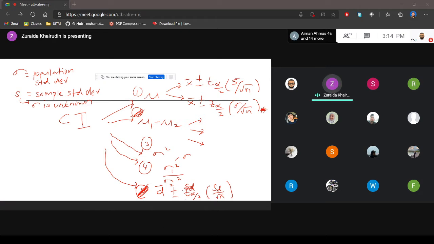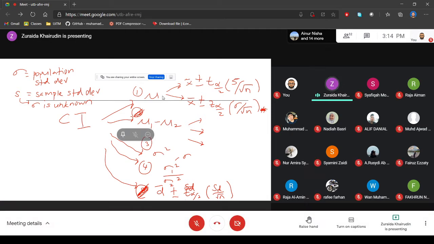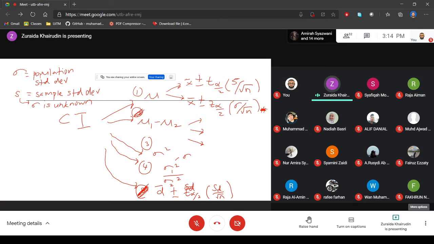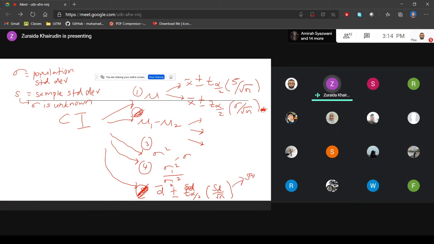Example like we have 8 students, and then we want to know what is the difference in scores after and before we do tutorial classes, contohnya. Okay, same sample. This one we use same sample or same population lah. But here we have two population. That's the difference. In the question also you can identify the difference.